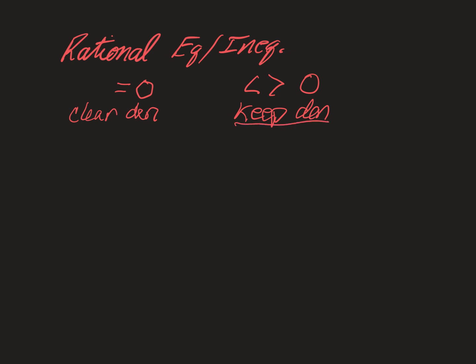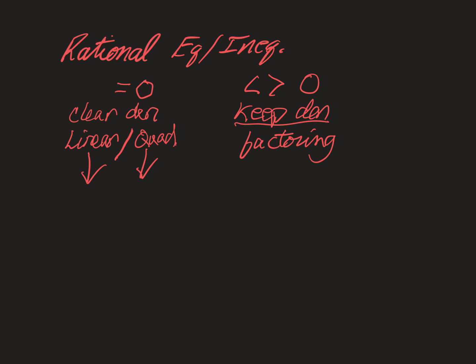Once we clear the denominator, then we're going to check. We're either going to have a linear inequality, or a linear equation, or a quadratic equation. That's fairly typical. And so then we use those methods to finish the problem. When we come to a rational inequality and we keep the denominator, at that point we want to use factoring to break it apart.